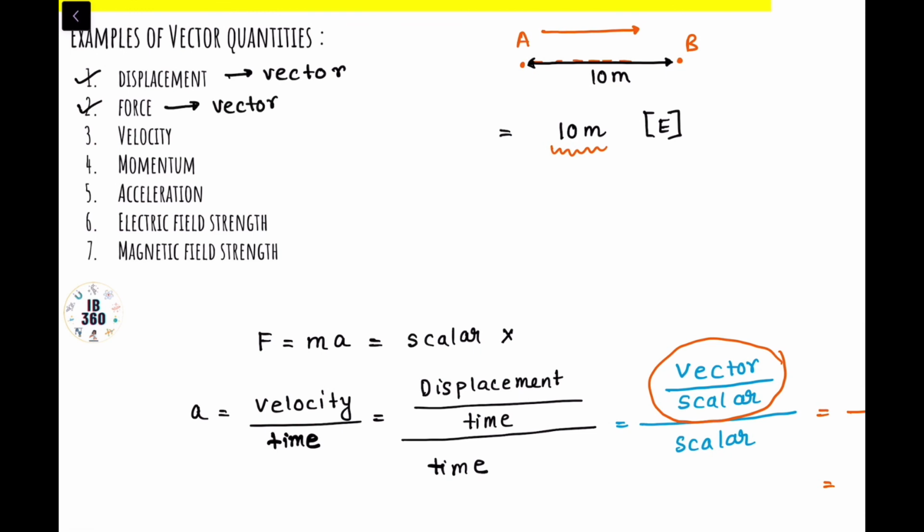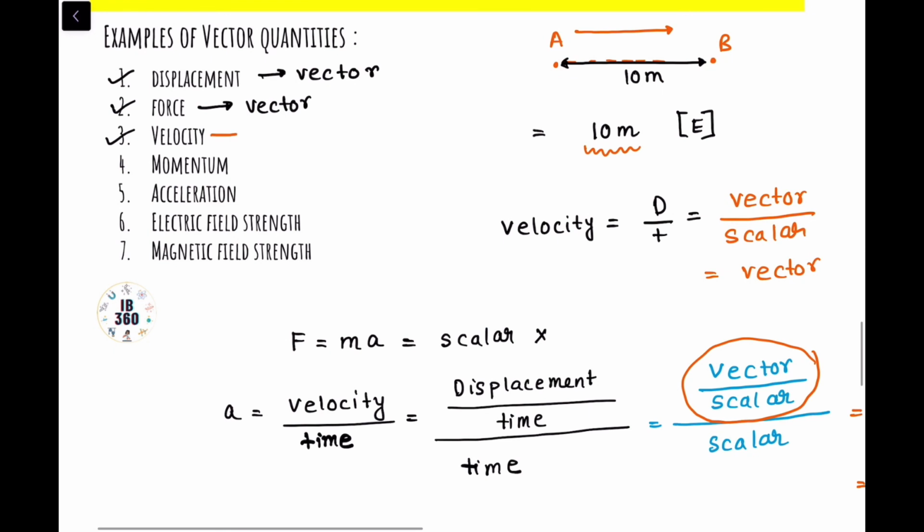Okay, similarly velocity. Velocity is displacement divided by time. Displacement is a vector quantity. Time is a scalar quantity. So dividing vector by scalar will get a vector quantity. So velocity is a vector quantity.